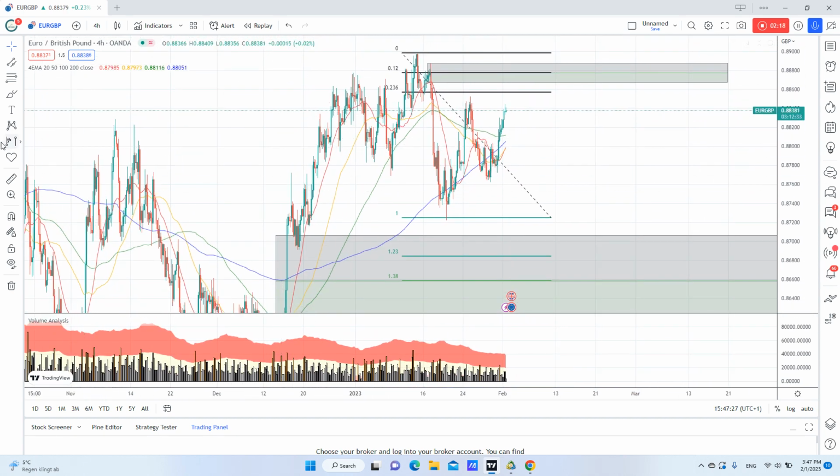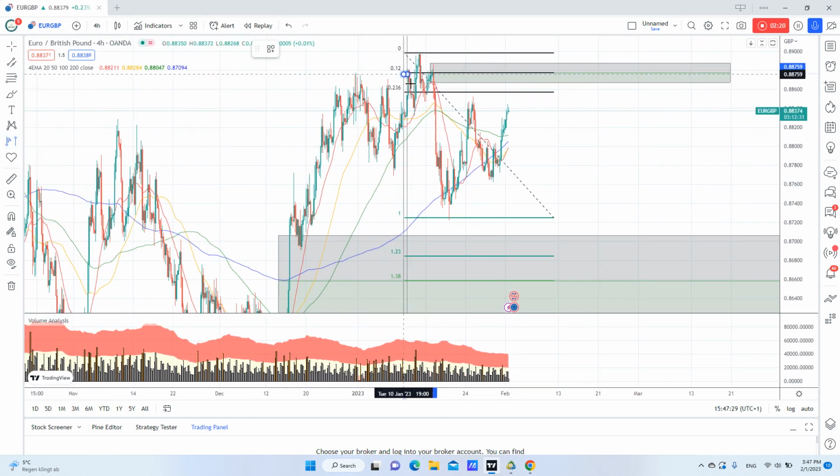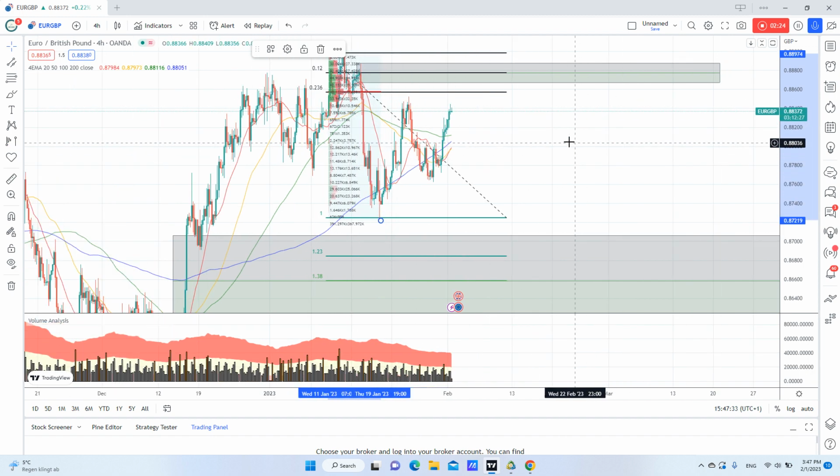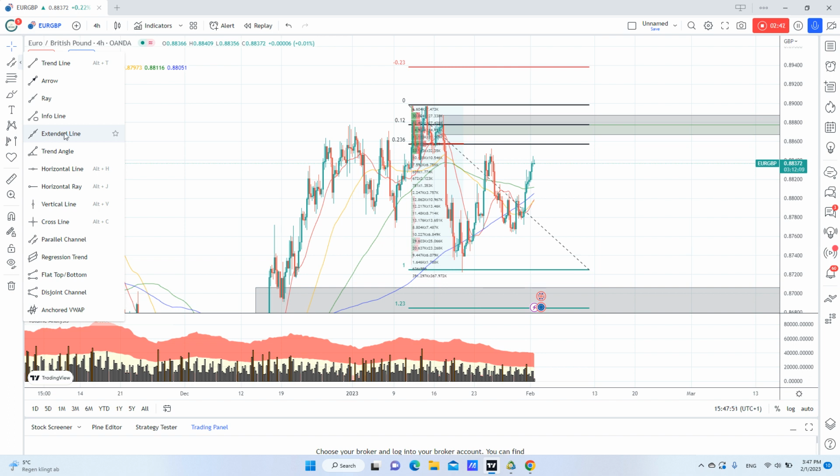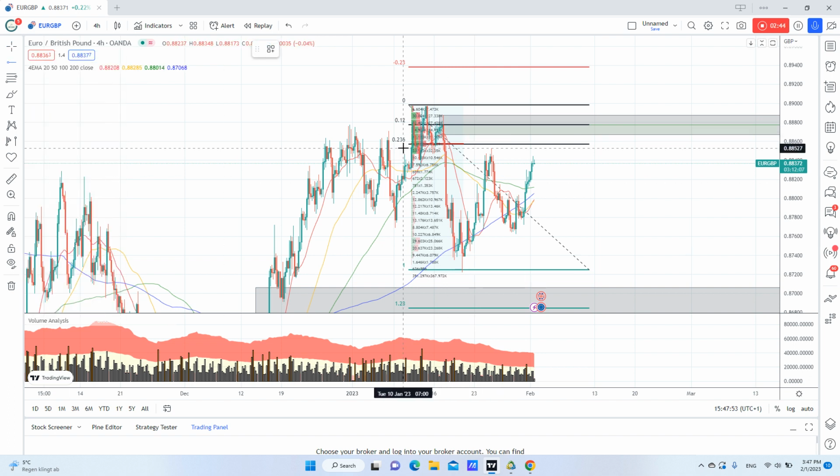And you can also add the volume profile to give you extra confluence. The volume profile gave us here around 88.575.